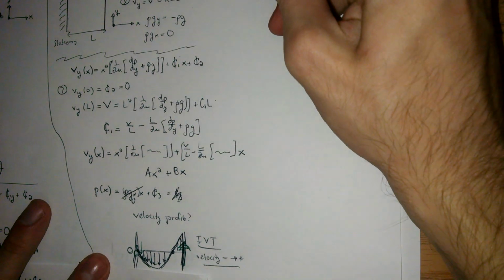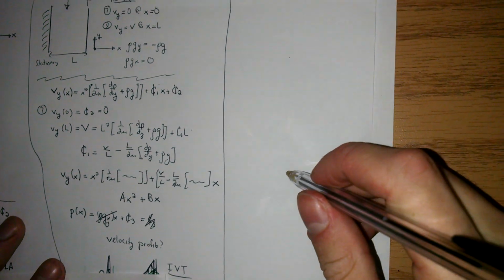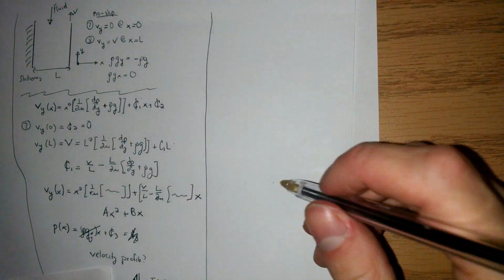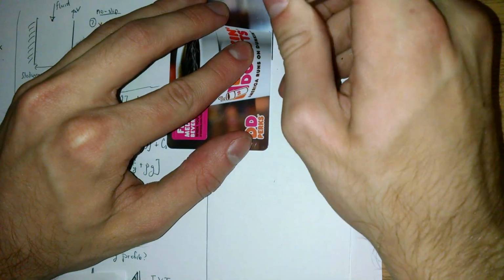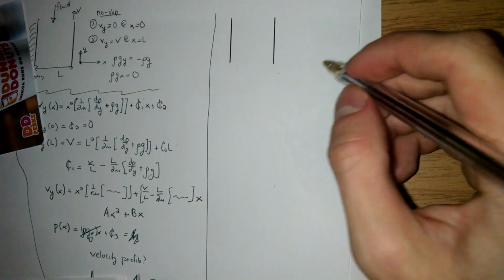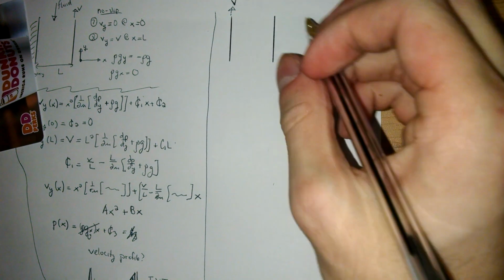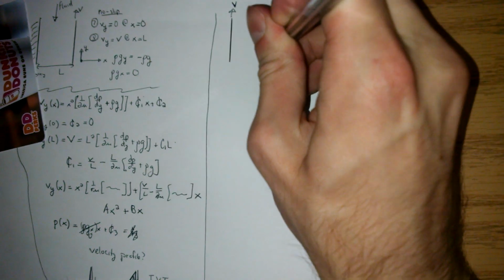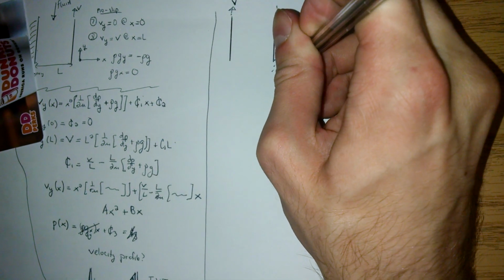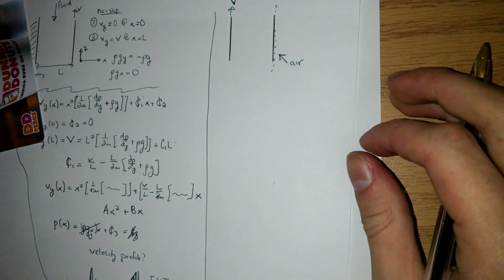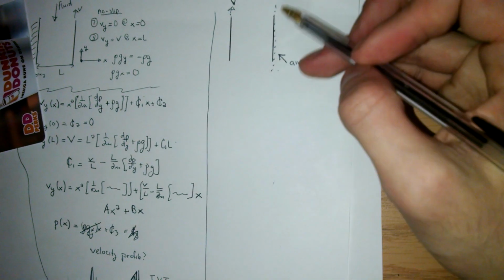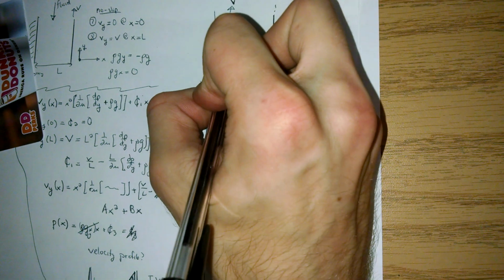Let's look at yet another condition. So say we have a similar sort of circumstance where again we have that vertical setup here. We have this left wall moving up with a velocity v, and we're going to call this air. So there's no hard wall here, it's simply air.